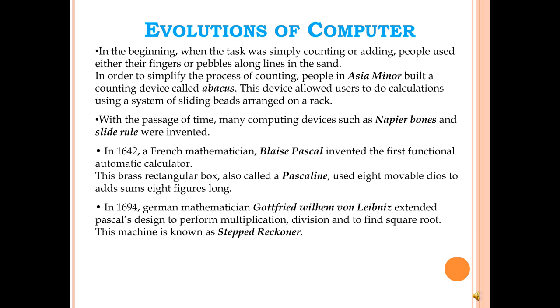Now, in the year 1642, a French mathematician, Blaise Pascal, invented the first functional automatic calculator. After these devices, Blaise Pascal found that the calculation being taken care of by the beads, Napier bones and slide rules was getting difficult for people.